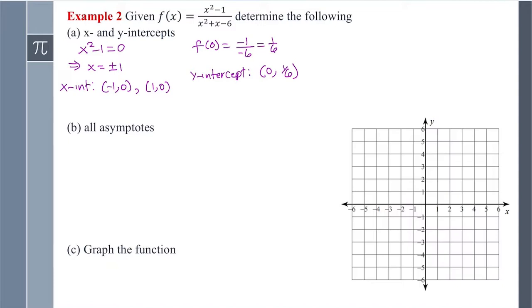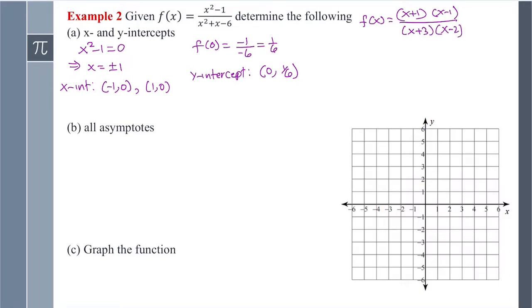Now, in order to find the asymptote, we will go ahead and factor both the numerator and denominator. So we have f of x equals x squared minus 1, which can be factored as x plus 1 times x minus 1. And the denominator is x squared plus x minus 6, which we can factor as x plus 3 and x minus 2.